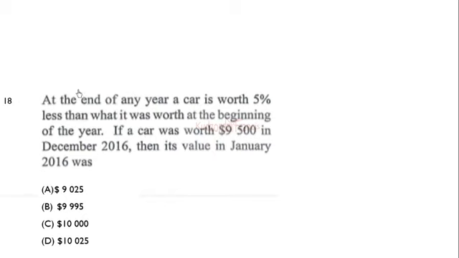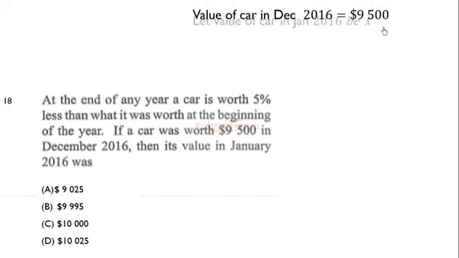At the end of any year, a car is worth 5% less than what it was worth at the beginning of the year. If a car was worth $9,500 in December 2016, then its value in January 2016 was? So this question too, we're familiar with it. It's very popular. So this is how we go about it. We know the value of the car in December 2016 is $9,500.